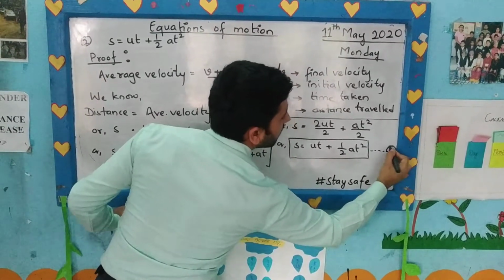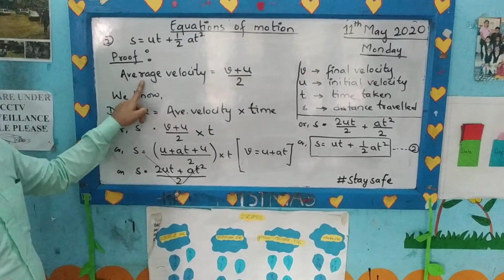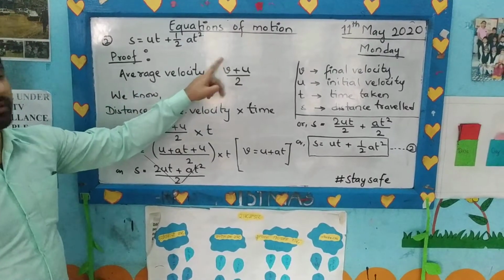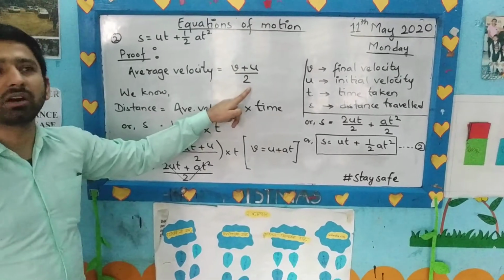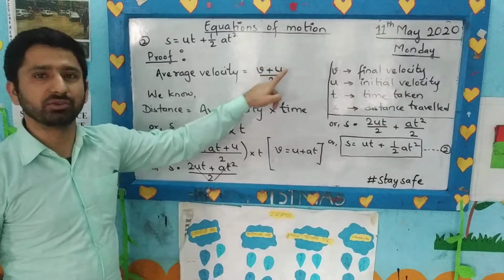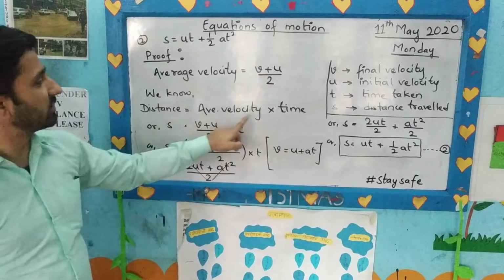Now from two velocities, initial and final, the average velocity becomes v plus u divided by 2. We know the mean of a and b is a plus b divided by 2. Distance is equal to average velocity into time taken.